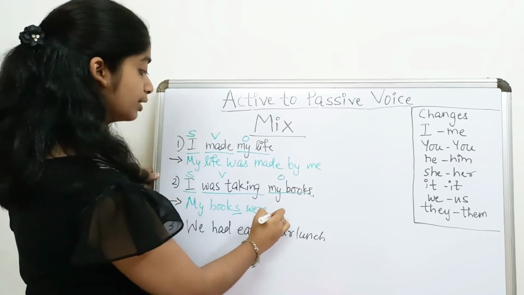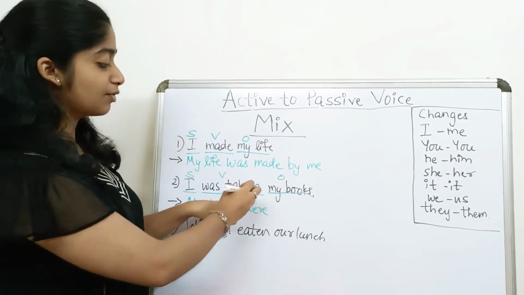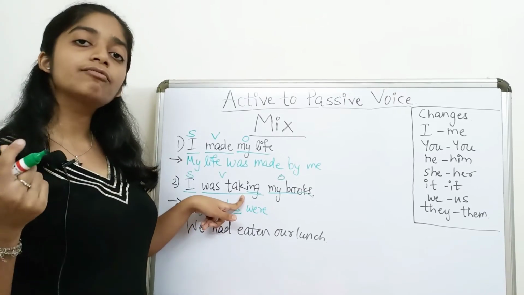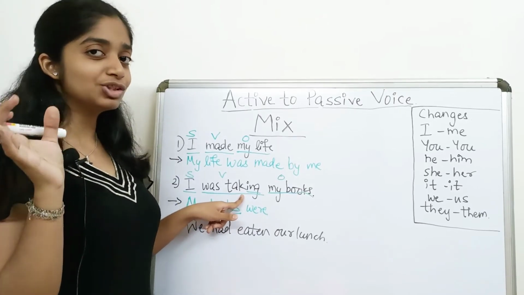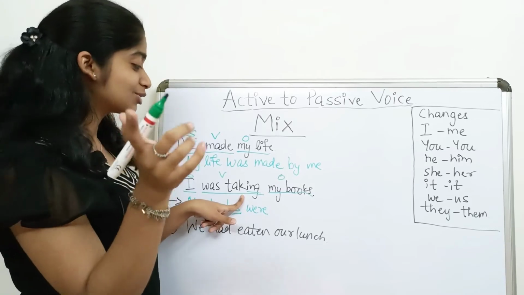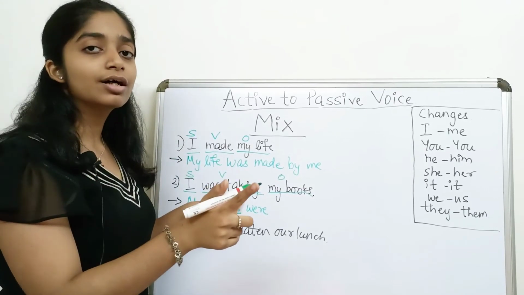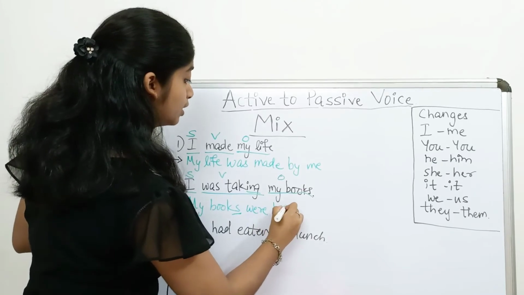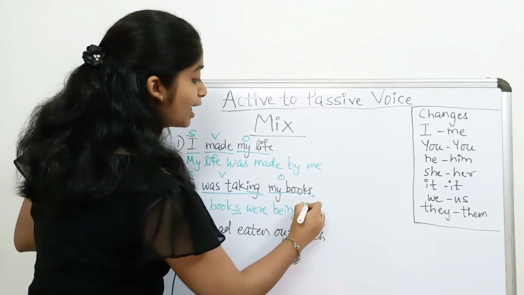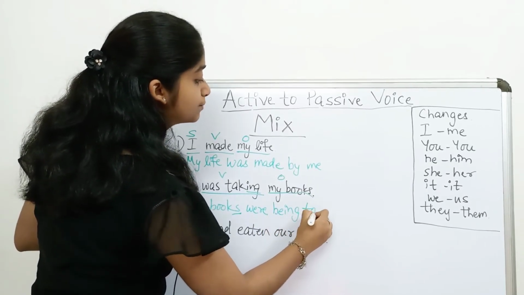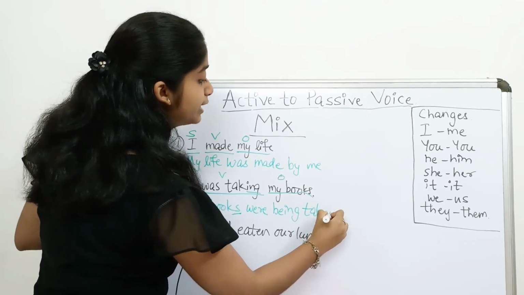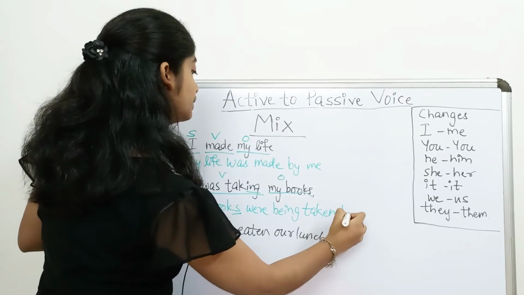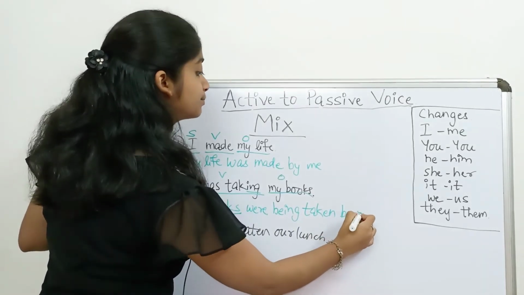My books were, and whenever we have ing in the sentence, like taking, we have to use being. I told this to you in the present continuous tense. So my books were being taken plus past participle. So take past participle will be taken. My books were being taken by me.